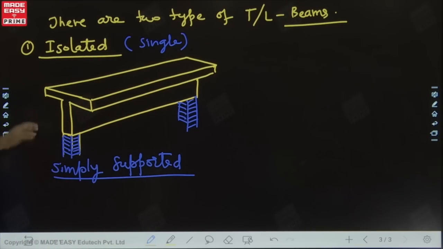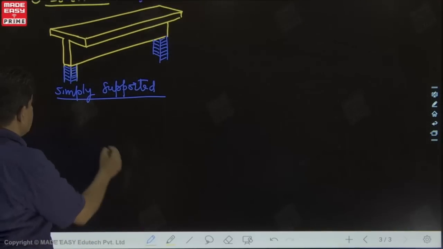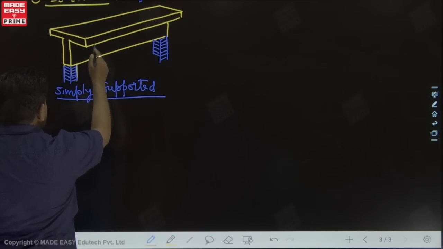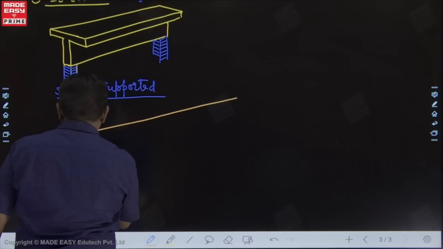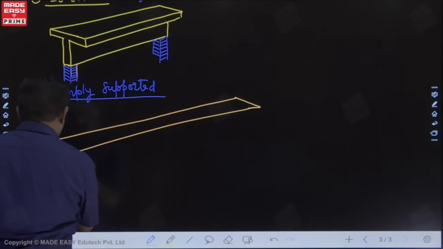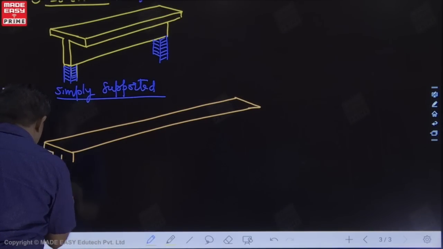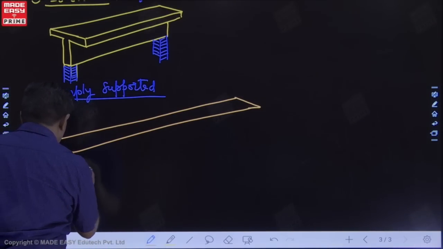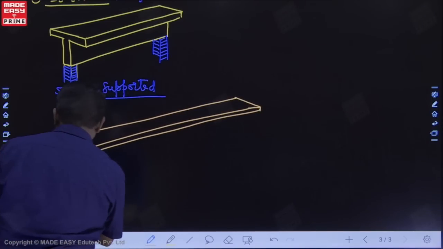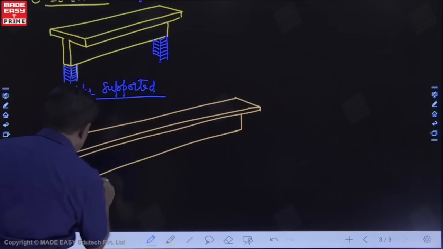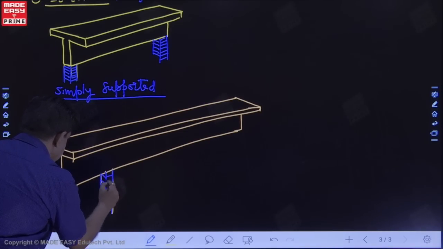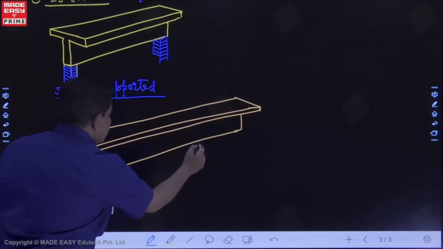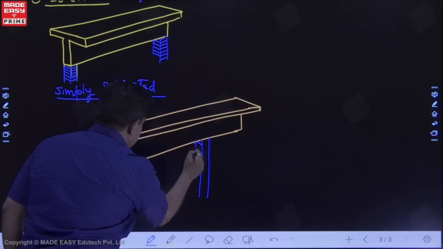Or it may be continuous also, whatever case we have discussed just now. This is simply supported, but if the beam is the same single isolated beam, but the supports are not at the ends, the supports are somewhere in between, and the beam is continuing over the supports, then this is called a continuous T-beam.